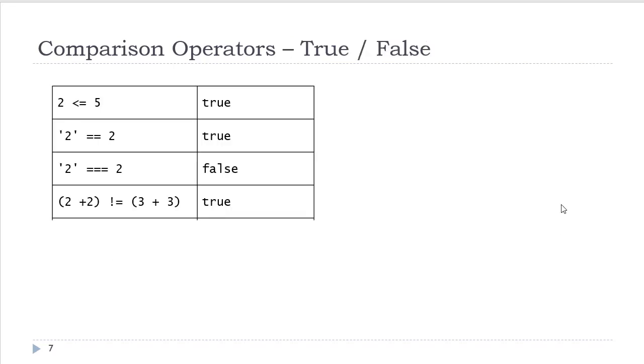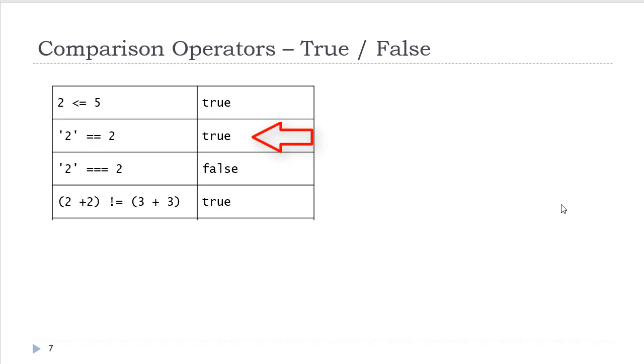So let's take a look at using some of these comparison operators. When you evaluate an expression using a comparison operator, it will return true or false. Based on that returning true or false, you probably will do something in your program. So here we have 2 less than or equal to 5. Pretty easy to figure that one out. It is true. Here we have 2 in quotations equal equals 2.